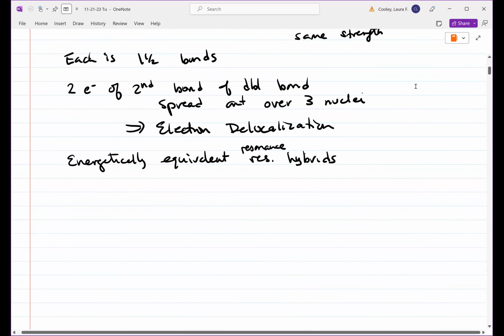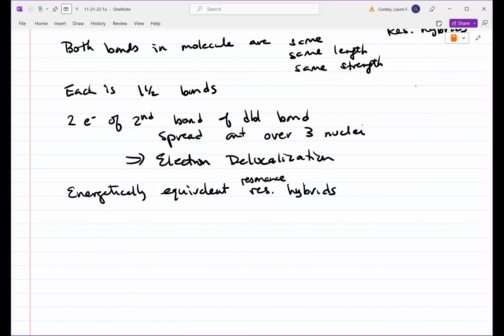Okay. Now, sometimes when you're drawing the Lewis structure for a molecule, you find that there are different Lewis structures for the same molecule that are all legal Lewis structures, in the sense that they use all the valence electrons up.